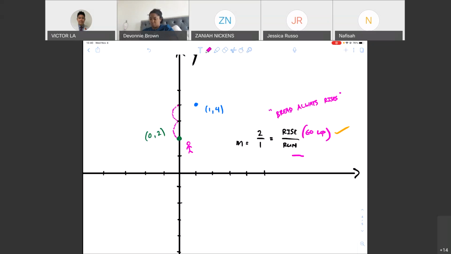So you run right for positive. You run left for negative. So what do you check if it's positive or negative?